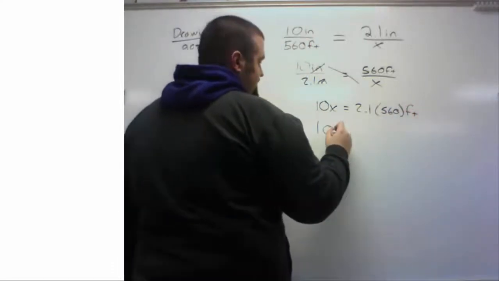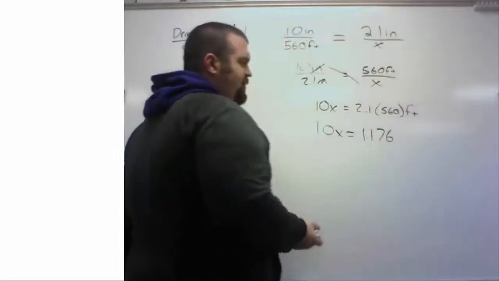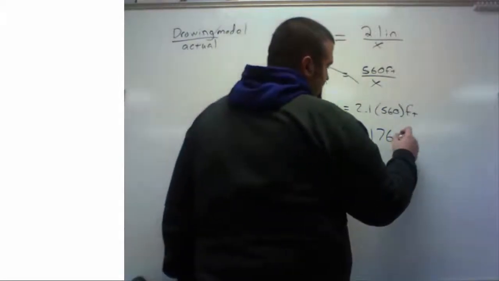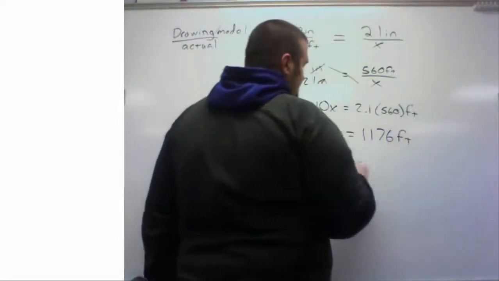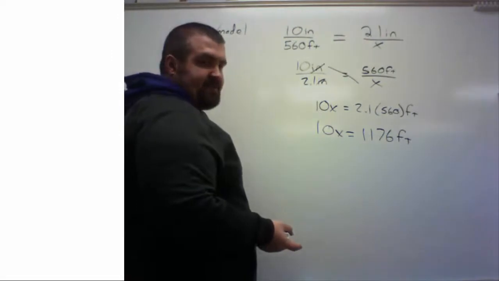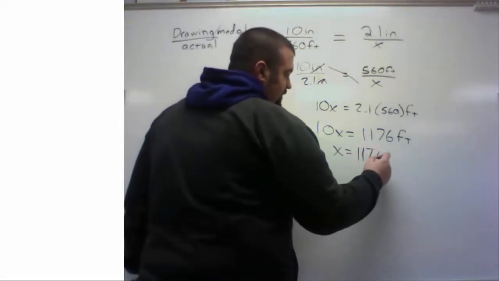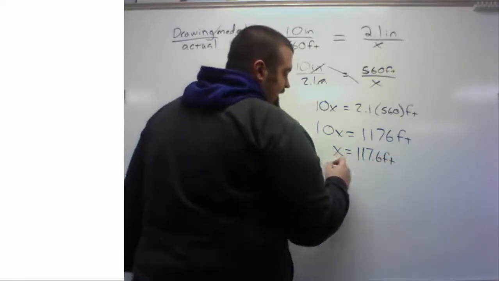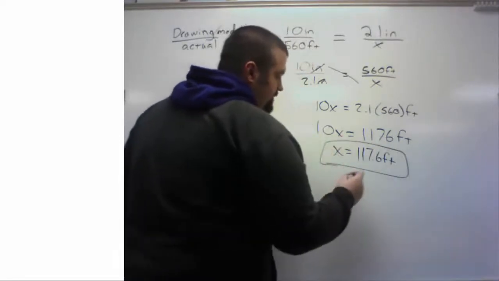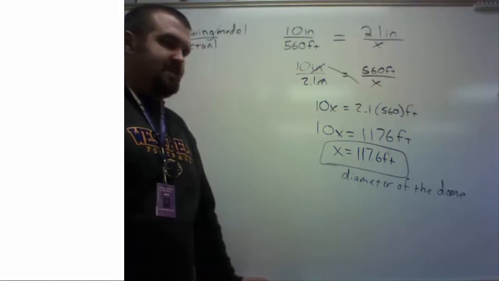Well, 10x is 10x. And 2.1 times 560 is 1,176 feet. At this point, all I'm trying to do is solve for x here. Divide both sides by 10, I get 117.6 feet is the diameter of the dome. Awesome.